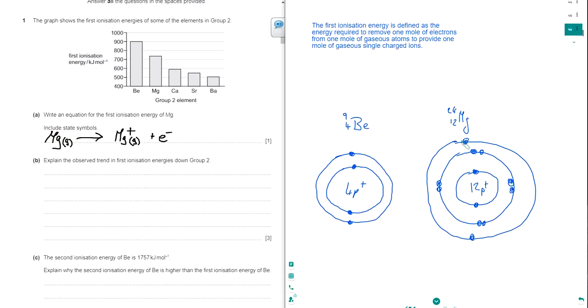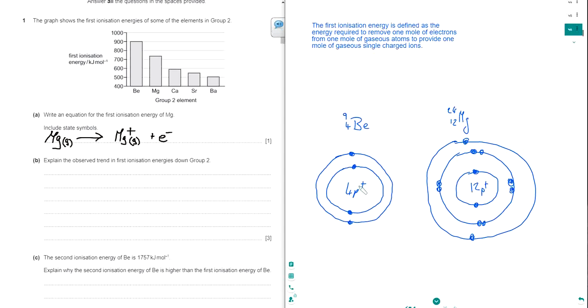So what causes the ionization energies? First of all, whenever an electron is removed from an atom, it requires energy. That is the first ionization energy, when we remove the first electron. So why does it require energy?